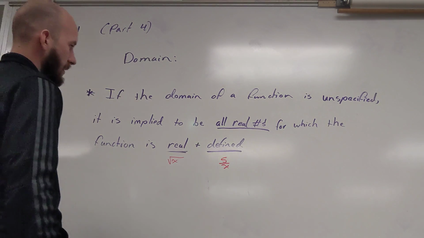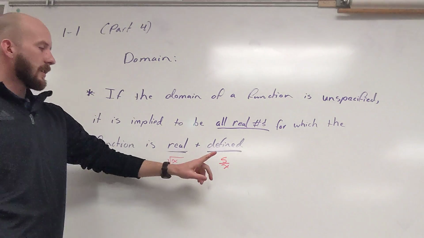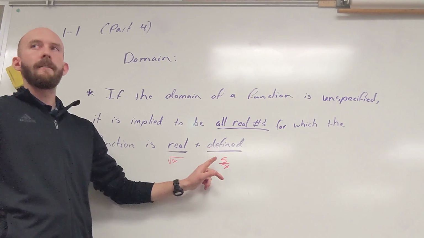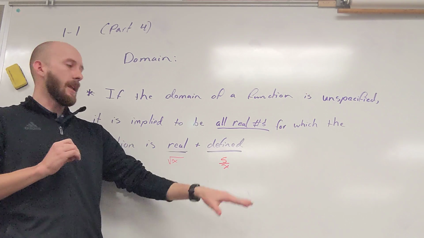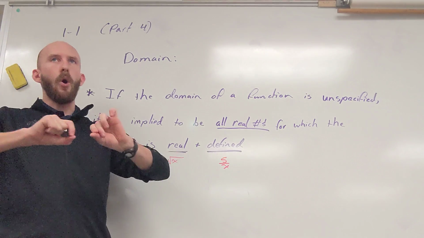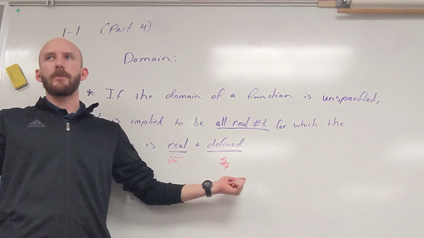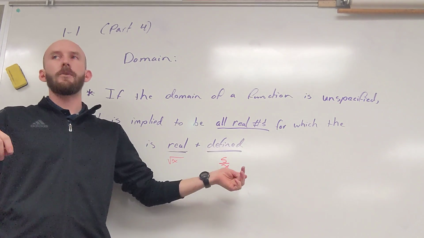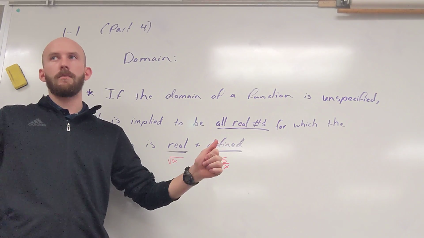So to give you guys a little bit of an example, if my function is f of x equals 5 over x, my domain, the x values, can be all real numbers except for what makes the denominator 0. So in this case, it would be all real numbers except for 0.